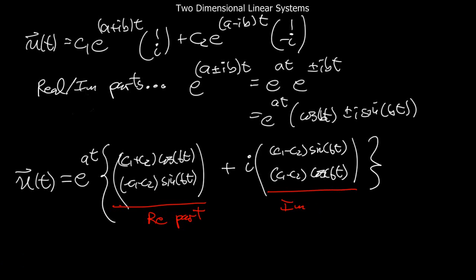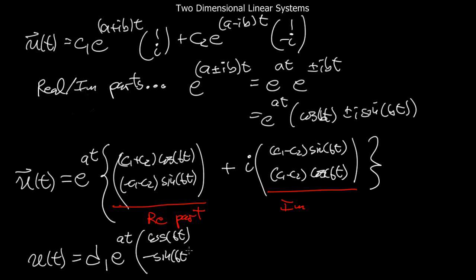But now the point is you can take the real part separately. The real part and the imaginary part separately are solutions, and again, skipping a couple of steps, you find that the general real solution is of the form some constant times e to the at times (cosine bt, minus sine bt), plus another constant times e to the at times (sine bt, cosine bt).